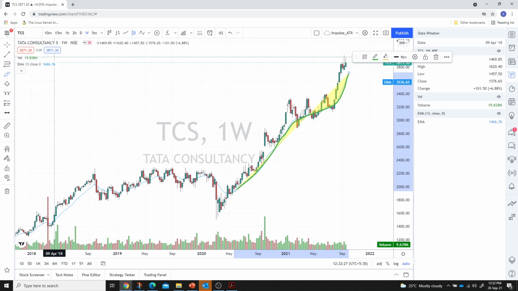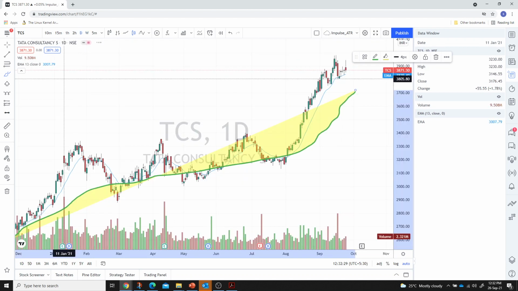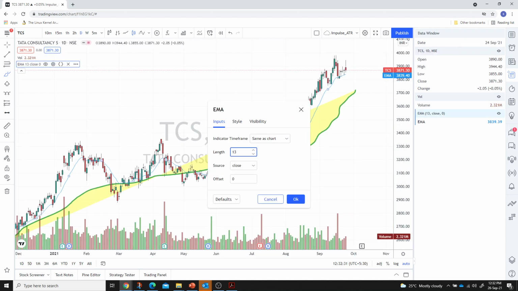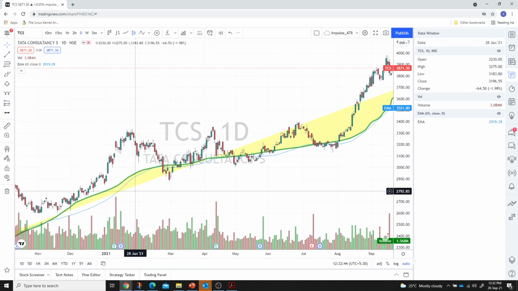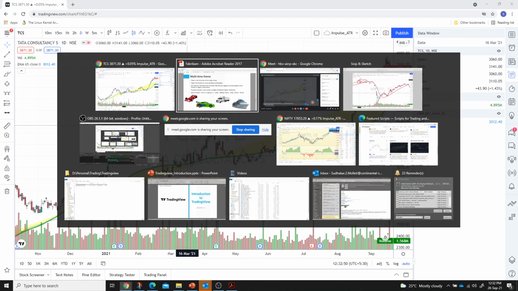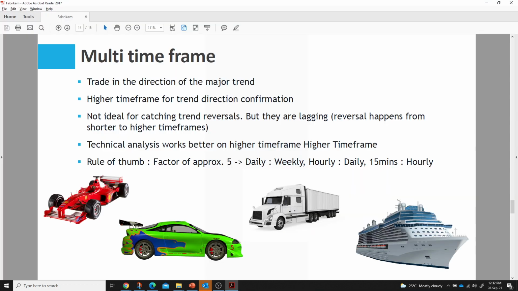Now if I go to the daily time frame, and I now set it to 65, you will see more or less that the indicator now is on the higher time frame. Not exactly, because the price calculation in the EMA will change, but the rule of thumb of 5 applies, at least daily to weekly, and that is what you should also consider in your multi-time frame.